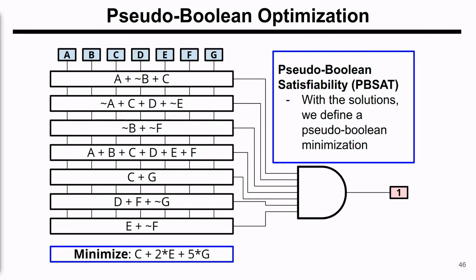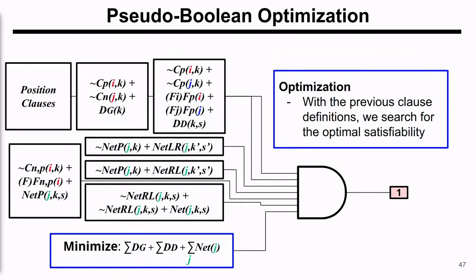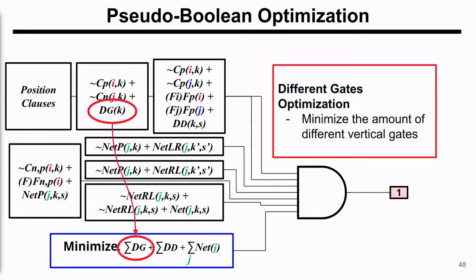From here, we use pseudo-Boolean satisfiability to progressively find the optimization. Pseudo-Boolean satisfiability allows us to introduce an expression as the minimizer, which constantly is finding the lowest value according to the solver variables. With all previous net clauses, we minimize 3 kinds of expressions. First, we wish that there are as few different gates as possible.